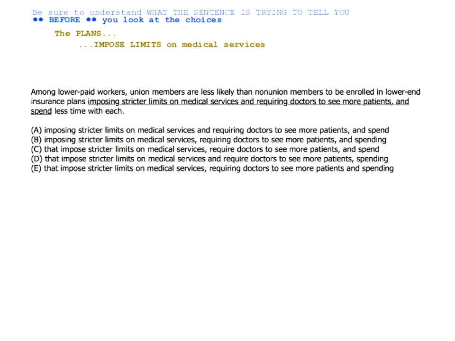And the second thing they do is they require doctors to see more patients. And then what's that last part about spending time? How does that relate?